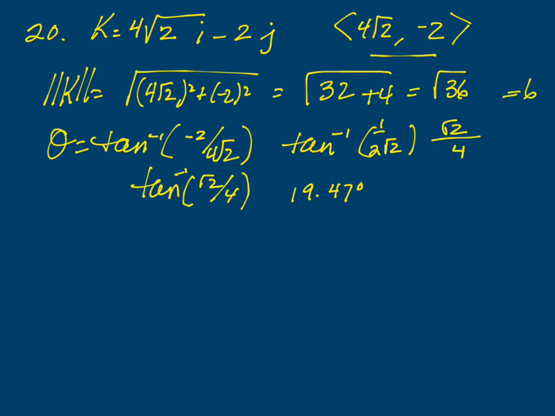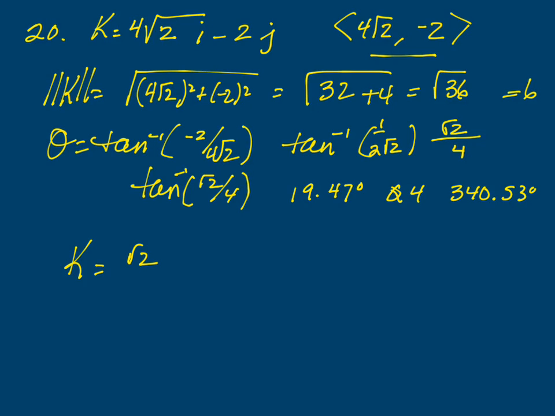I'm in quadrant 4. So, is that right? Yeah, I would take away 360. So 360 minus that gets 340.53. So for quadrant 4, it's 340.53 degrees.